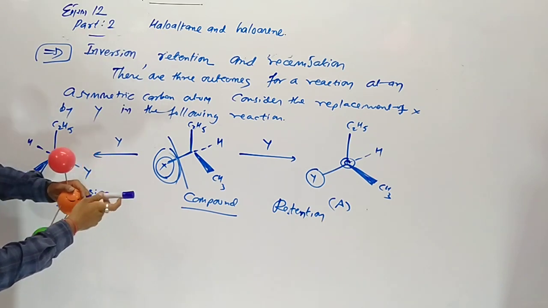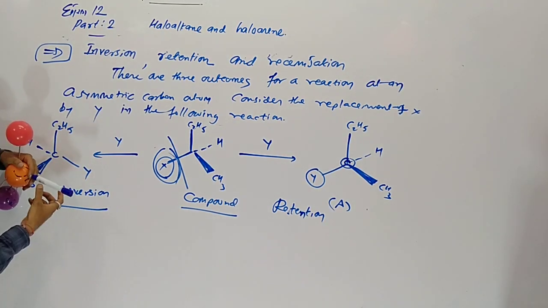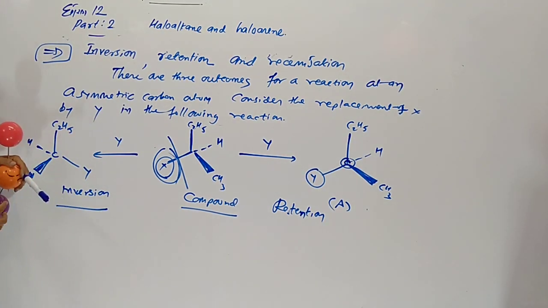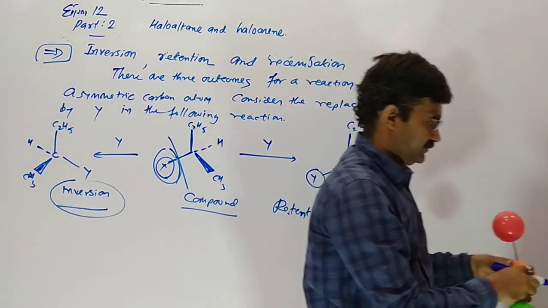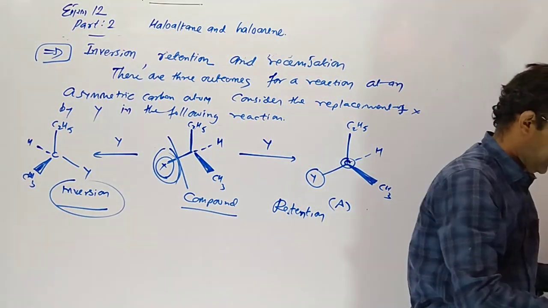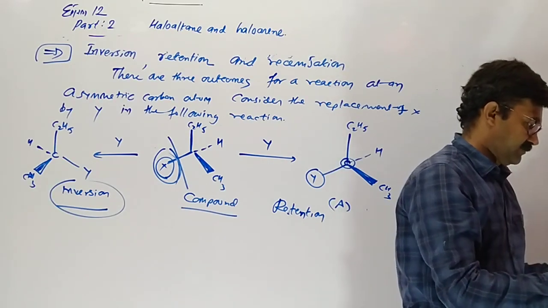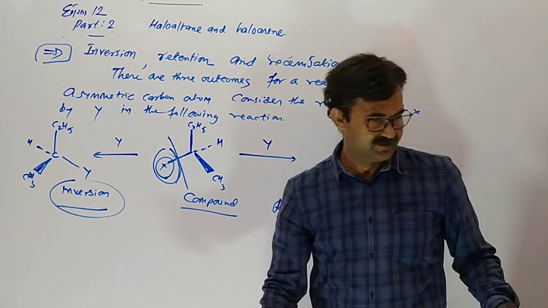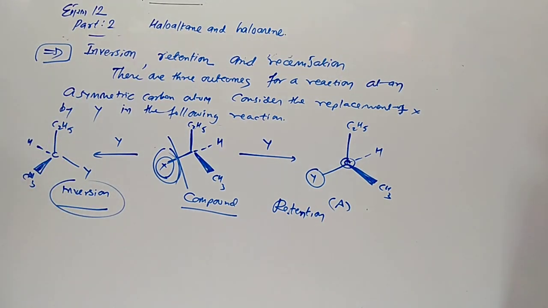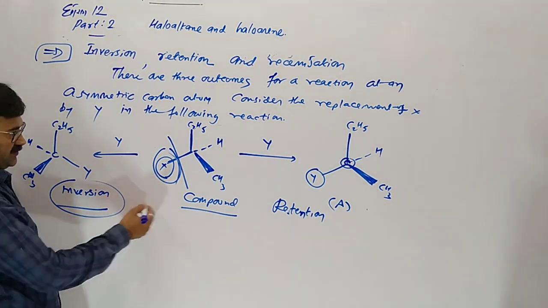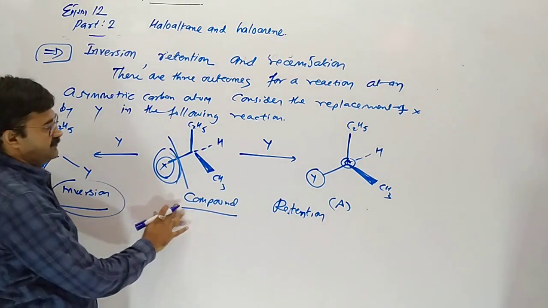So Y is here now, ethyl is the same, and CH3 and H move here. That is called inversion. Inversion means opposite, like an umbrella; the positions change like an umbrella. So this process is called inversion.